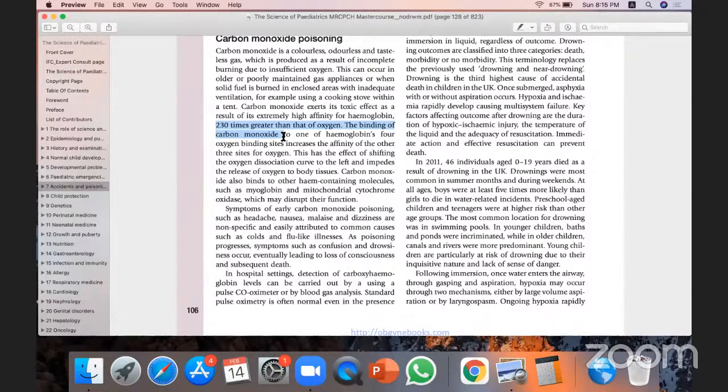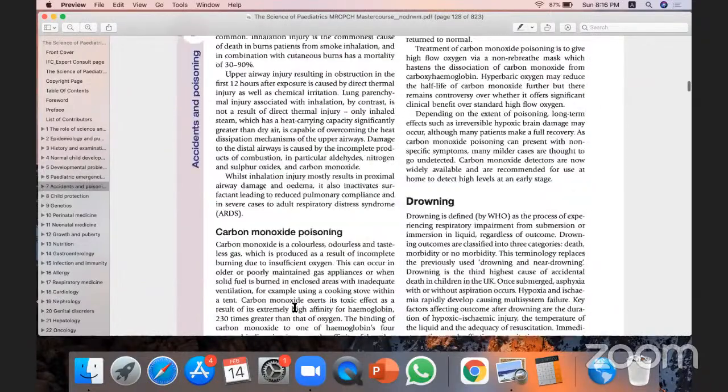Now, the symptom of carbon monoxide poisoning is important, like a flu-like illness. Remember this; this question came in the exam. They have flu-like illness and dizziness. In a hospital setting, as I already discussed, you have to do a blood gas.